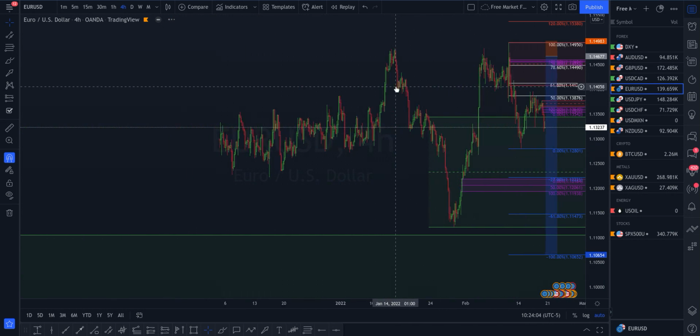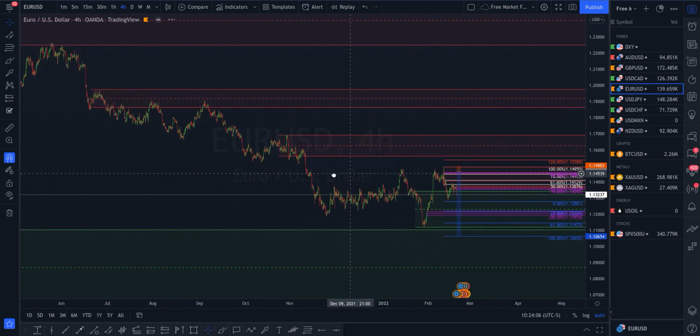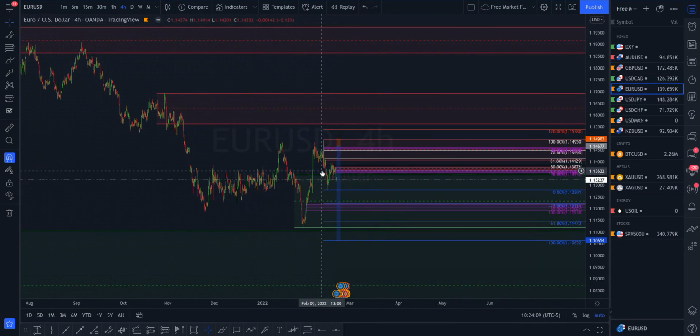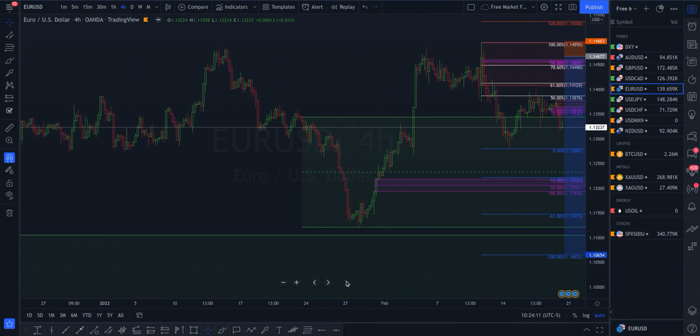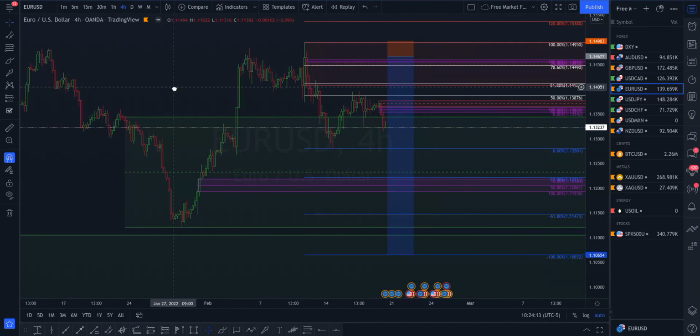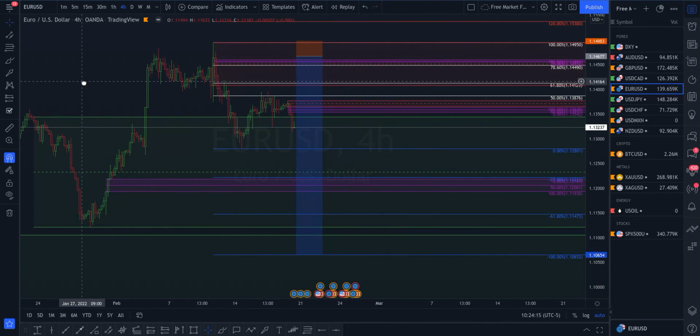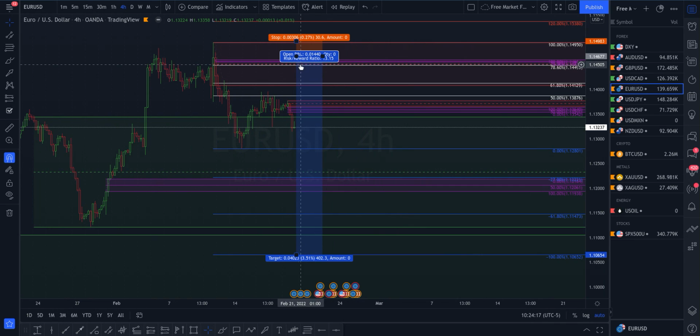And based on our structure, again, I would be looking for shorts. 4 hour 50% is right there, right at the 78.6%.